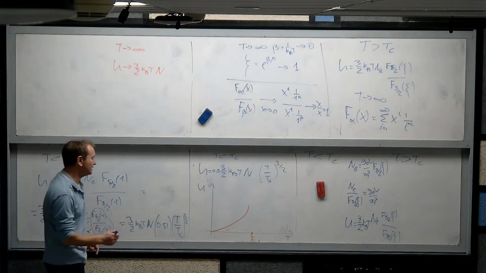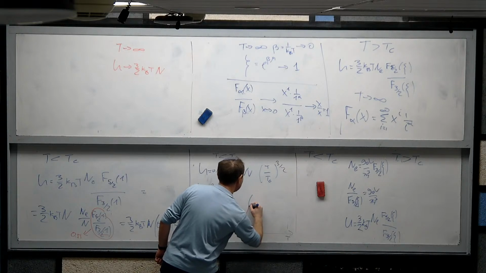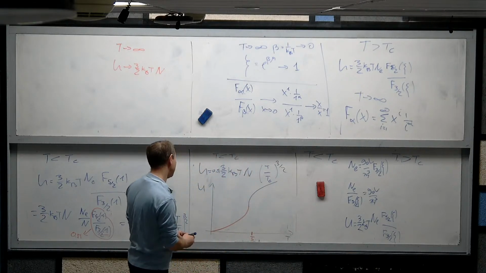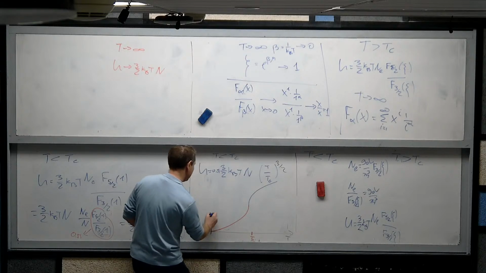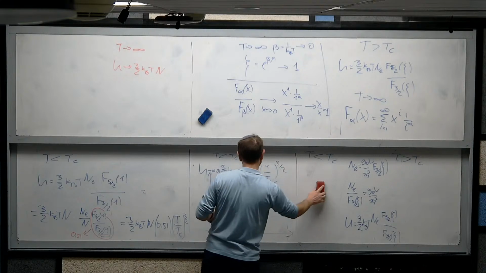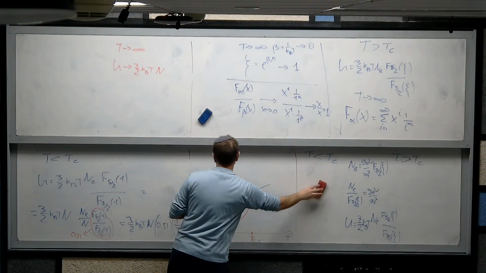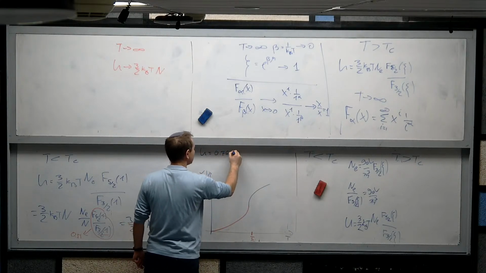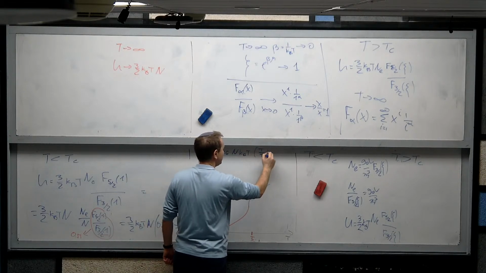And above Tc, it's doing something like this. Let me plot it properly over here. So U is 0.76 n k Boltzmann T, T divided by Tc to the 3/2.